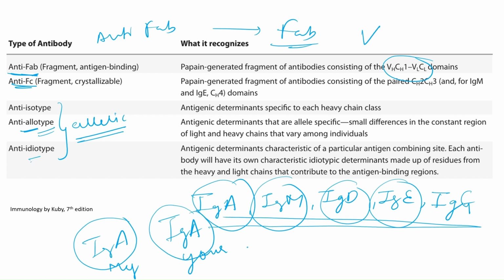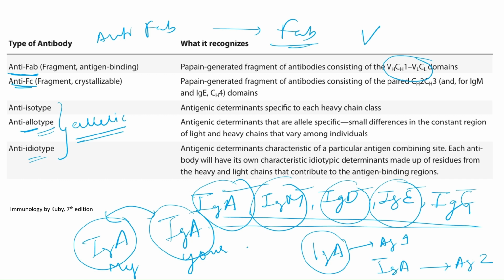What is idiotype? Idiotype means my body's IgA which is specific for antigen 1 will be different from my body's IgA which is specific for antigen 2. Clear the points? Isotype means the different classes of antibodies. Allotype means differences in the same antibodies within the members of the same species.